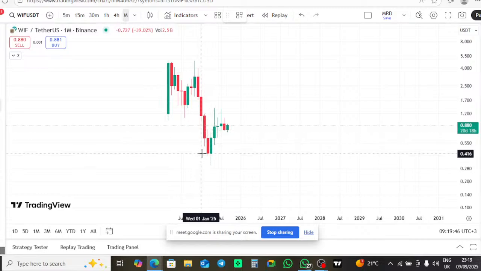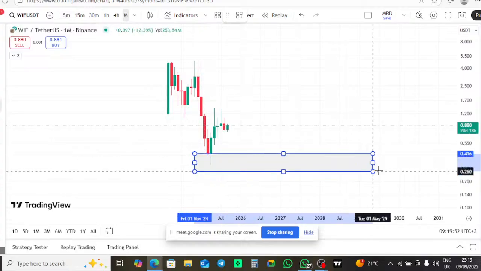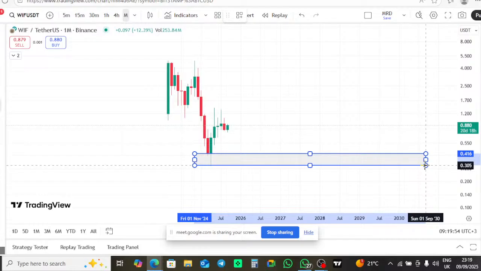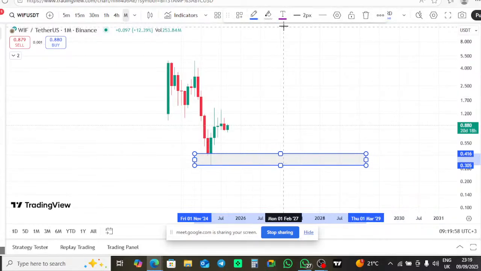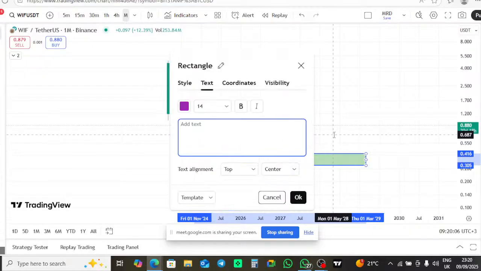Now let us start drawing our lines. We start with the lowest point, which is the demand, and this is the lowest point. Okay, we draw it like that, and we change it to green to have a clear picture for demand zone, and we write there demand zone.